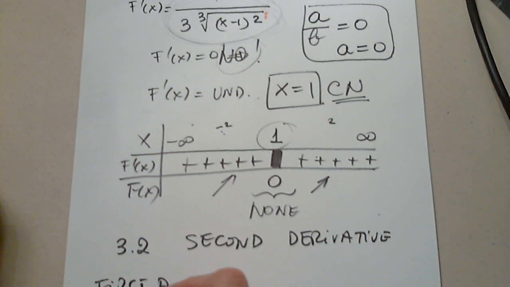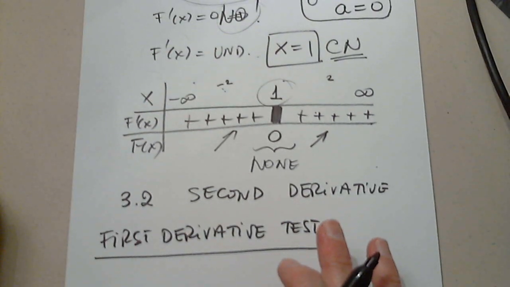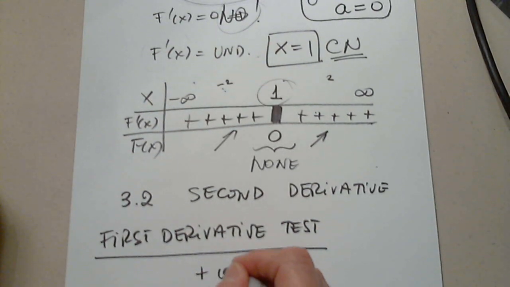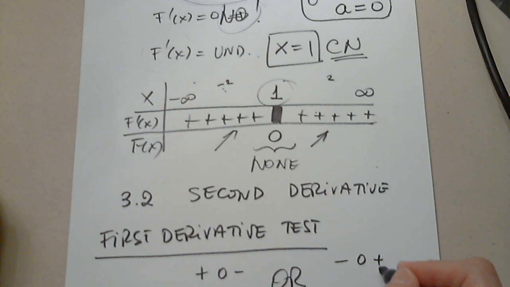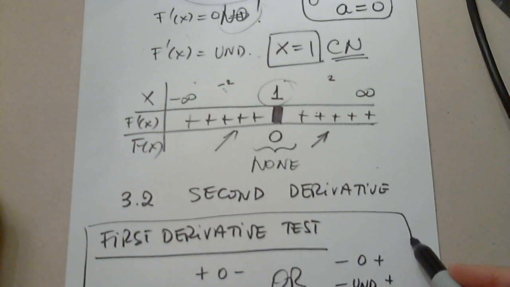First derivative test. The first derivative test, in short, is what we just discussed. That's the first derivative test. That's it. We used it. I didn't tell you what it was, but now I did.